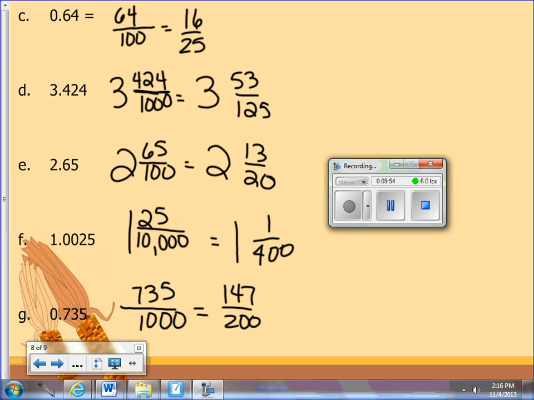F, 1 25/10,000. We reduced it to 1 and 1 over 400. And lastly, 735 thousandths, reduced it to 147 over 200.